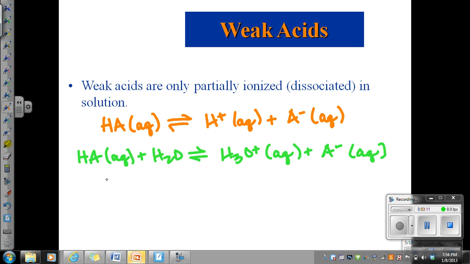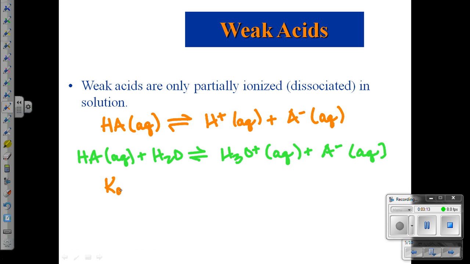If I write it for the first, my Ka is equal to the concentration of my products multiplied together, raised to the power of their coefficients, which they each have a coefficient of 1, divided by the concentration of reactants. Now, all of these are in solution, so I'm including them.